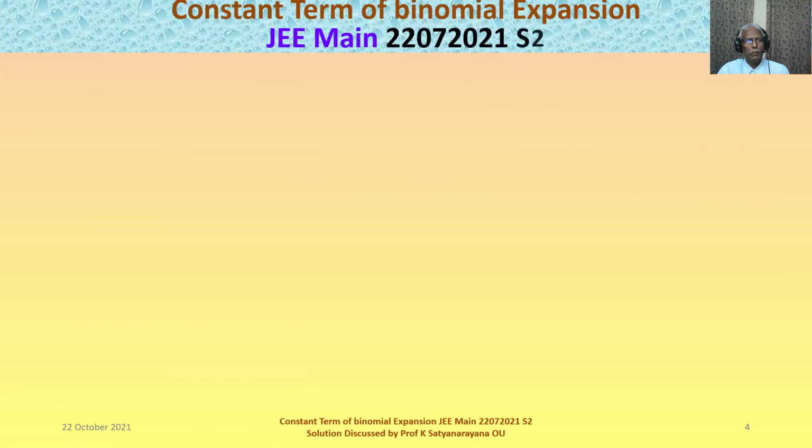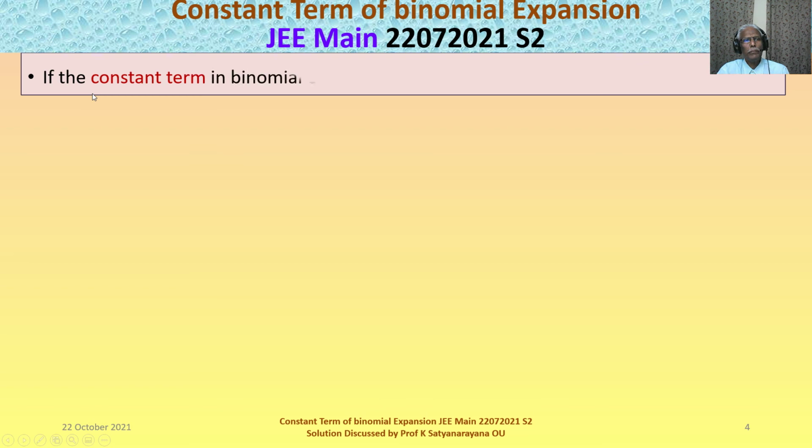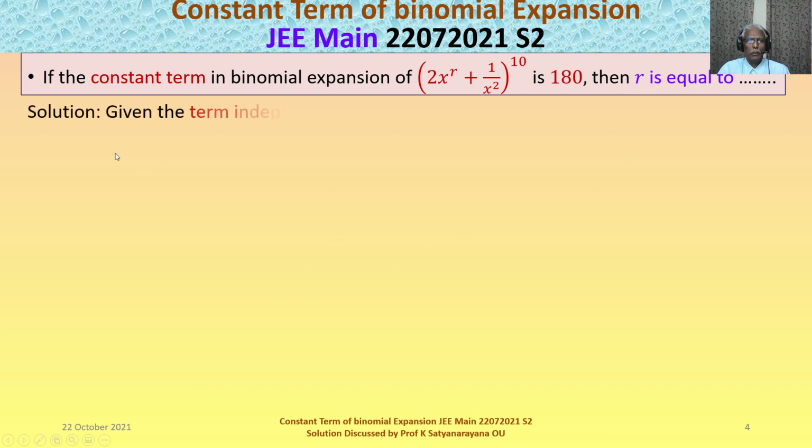The problem is, if the constant term in the binomial expansion of (2x^r + 1/x^2)^10 is 180, then r is equal to? Solution.